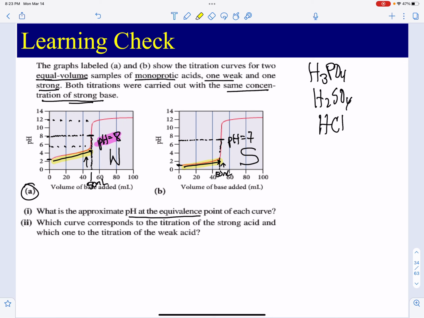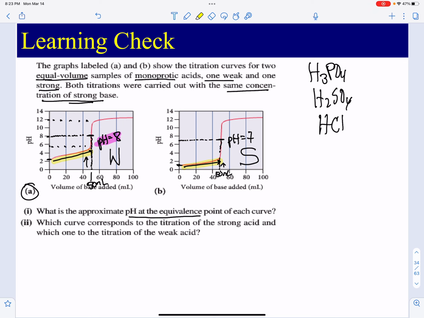So summarizing, if you're given a graph of a titration, look for the big jump. Halfway in between that jump, that's the equivalence point. When you titrate a weak acid with a strong base, you can expect the equivalence point to be basic.